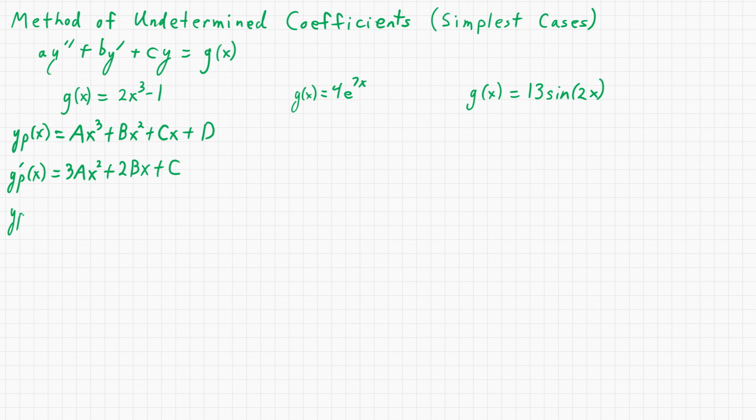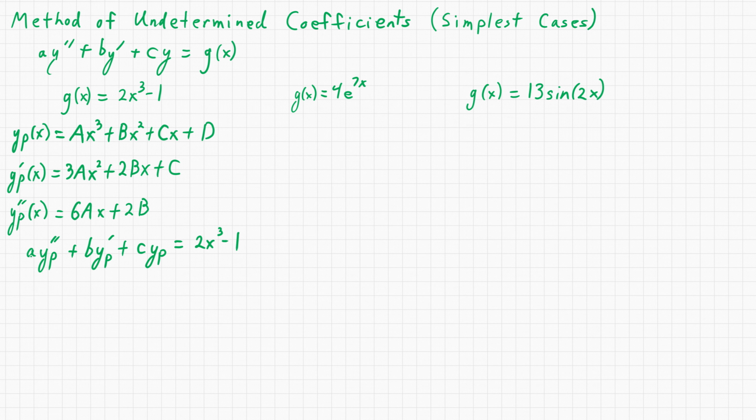If I take y particular double prime of x, well, that's going to be 6 capital A x plus 2 times capital B. And now if I take this y particular and its derivative and its second derivative and put them into the differential equation, it would be little a times y particular double prime plus little b times y particular prime plus little c times y particular, and I want that to equal 2x cubed minus 1.